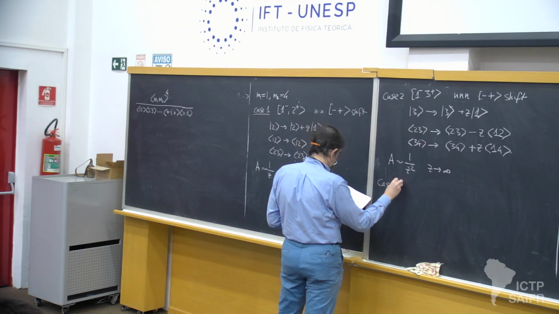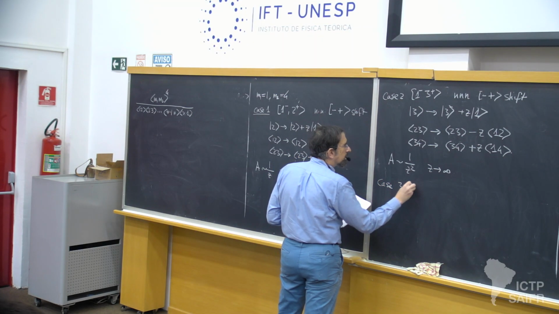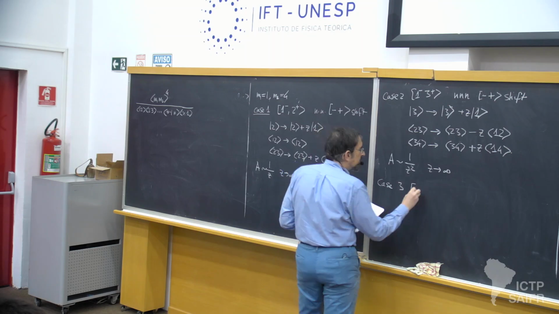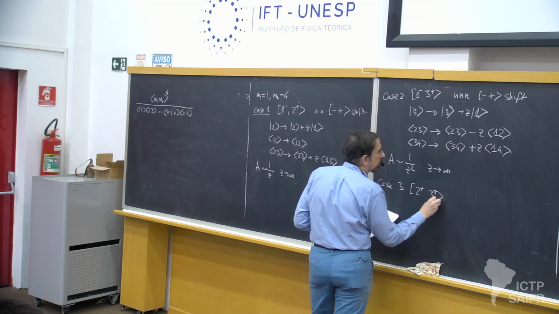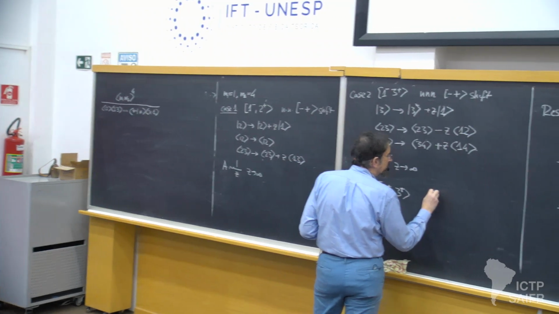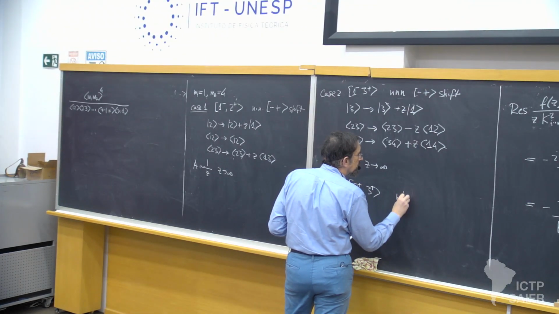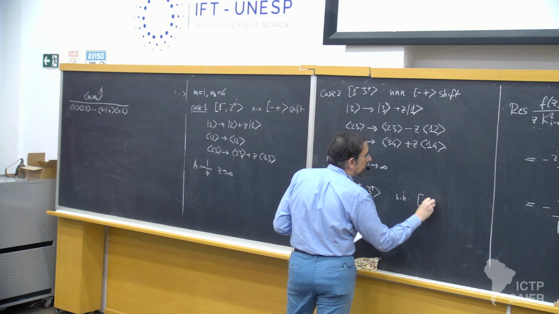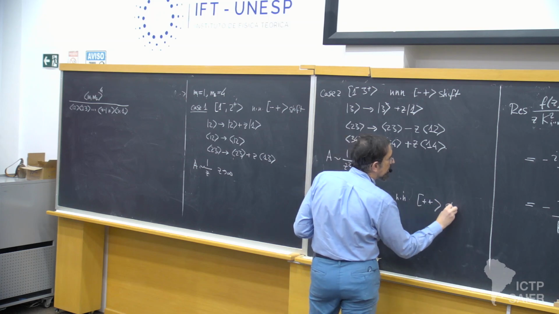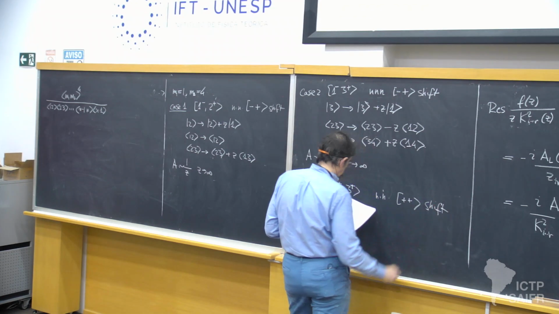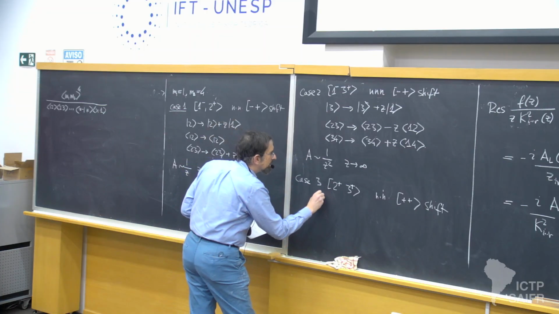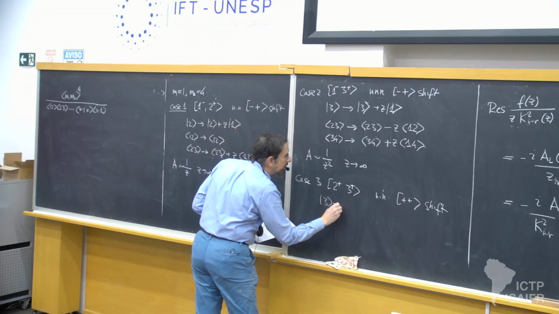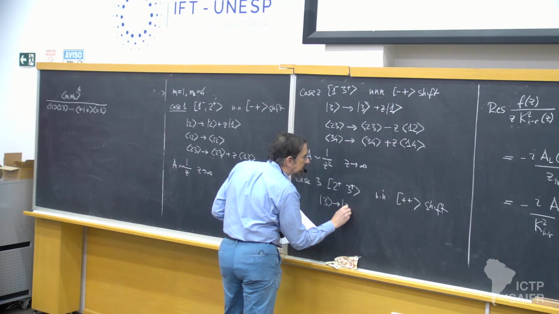Case 3 will be a nearest neighbor plus plus shift. And it's the same spinor that's getting shifted, although by a different amount.